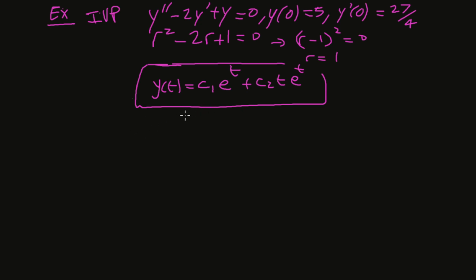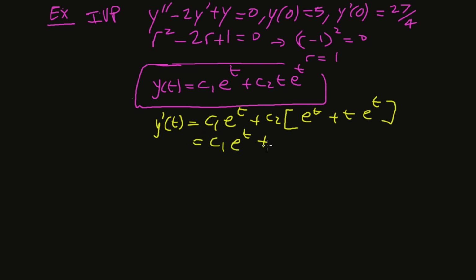We need to go ahead and find the first derivative because we need it for initial condition. As you notice, I will run into product rule in the second one, t times e to t there. So when you do the product rule, you'll get this.